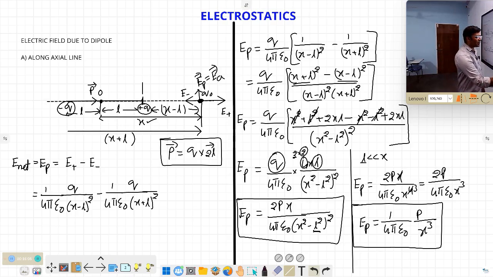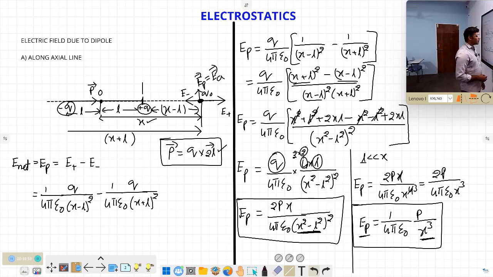But in the case of a dipole, the electric field at a point is inversely proportional to the cube of the distance, if the length of the dipole is very small. If you consider the length of the dipole also, then this is the formula. What is 1 by 4 pi epsilon naught? A constant. What is P? The dipole moment, and the dipole moment formula you always have to know as Q into 2L. x is the distance of the point, so the cube of the distance of the point.